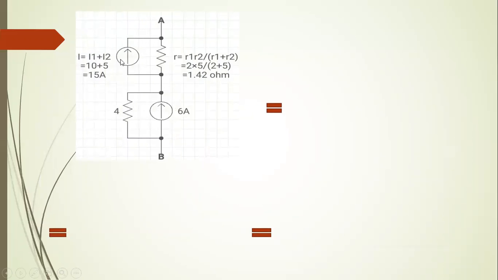Hence, 10 plus 5, which is 15 amps. And the two resistances are in parallel with it. Hence, R1 R2 divided by R1 plus R2, 2 into 5 divided by 2 plus 5. So the resultant is 1.42 ohms. And the below part, just reconnecting the same thing.